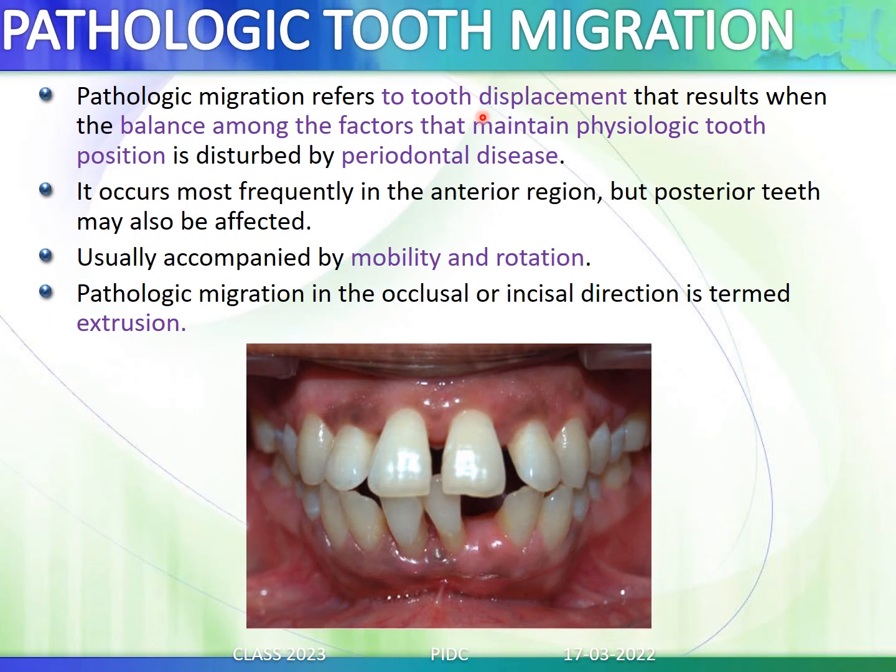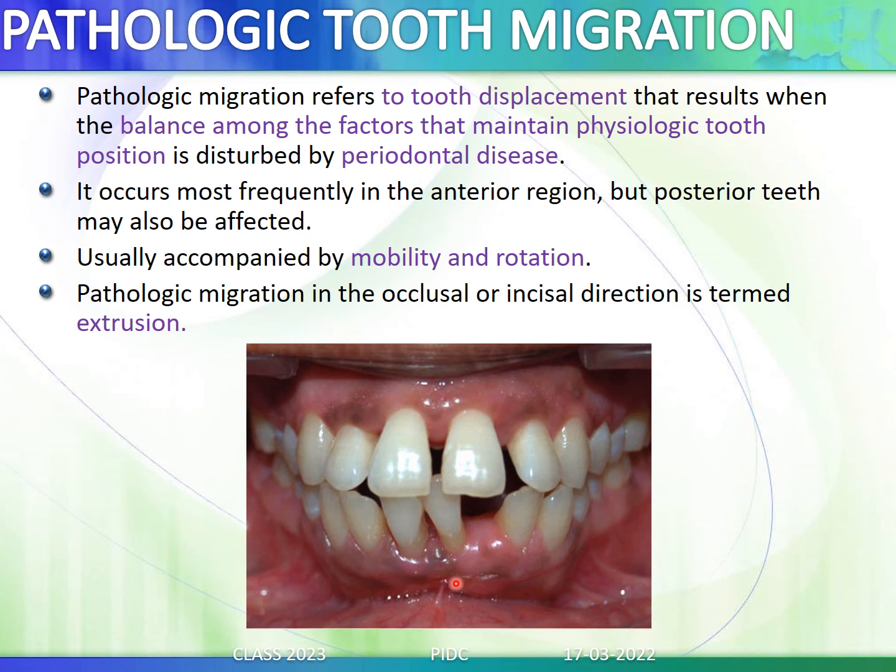In other words, pathologic tooth migration refers to tooth displacement that results when the balance among the factors that maintain the physiologic tooth position is disturbed by periodontal disease. This occurs most frequently in the anterior region, but the posterior teeth could also be affected, usually accompanied by mobility and rotation.